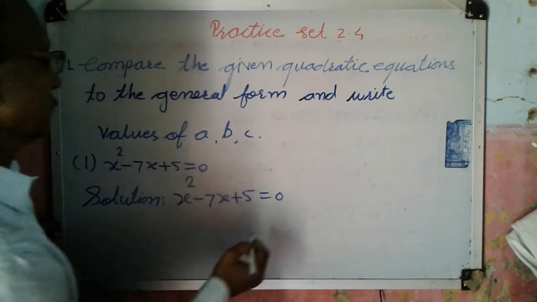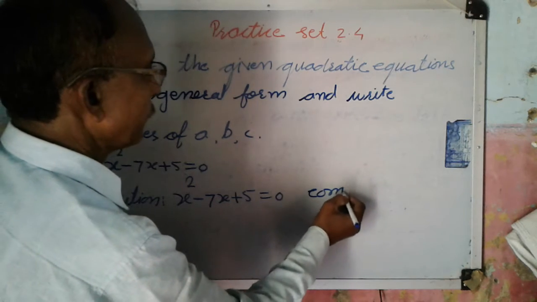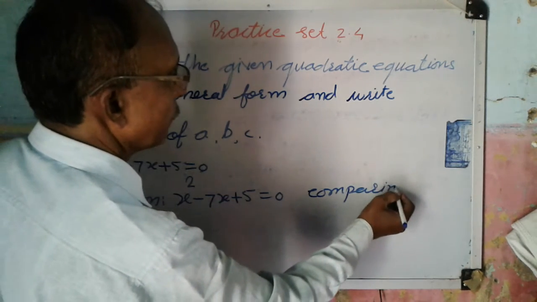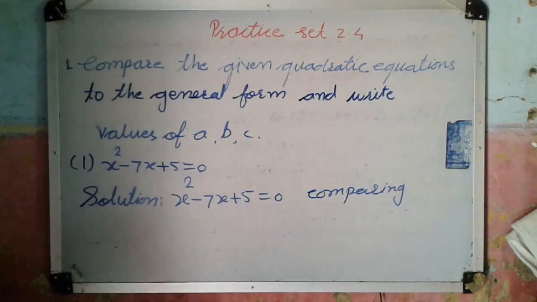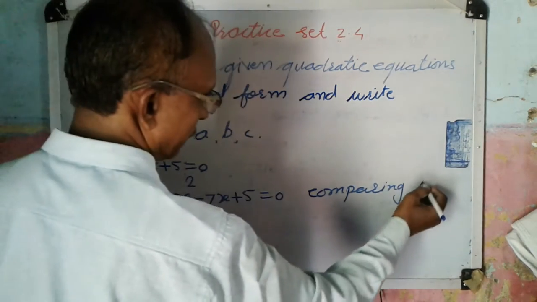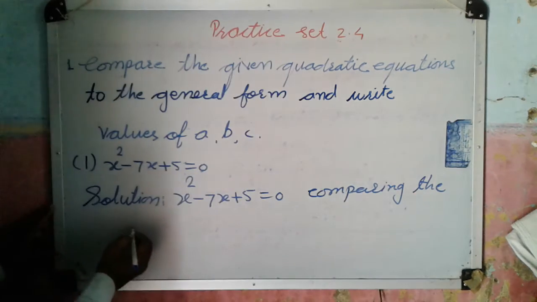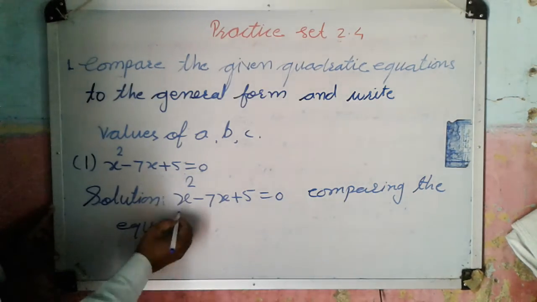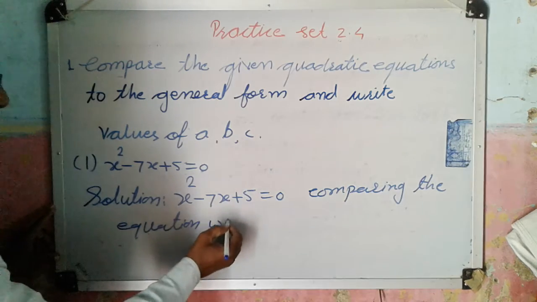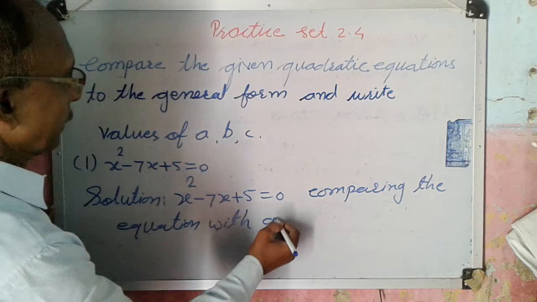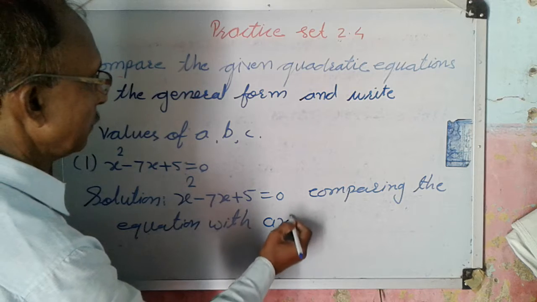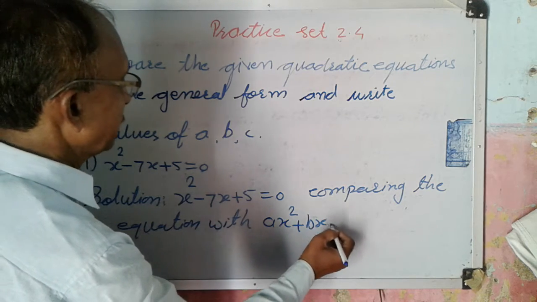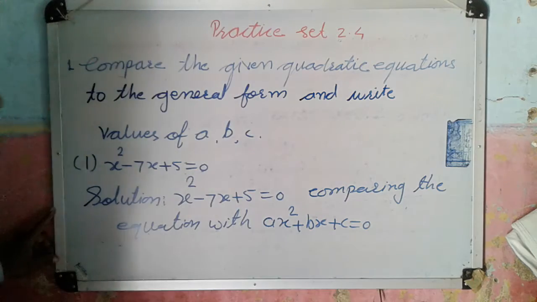Now comparing this equation with general form, ax square plus bx plus c is equal to 0.